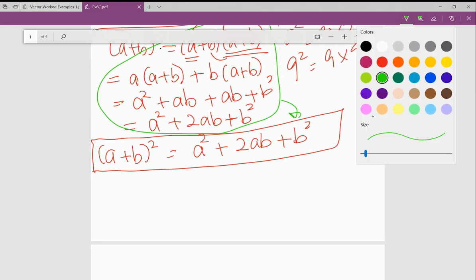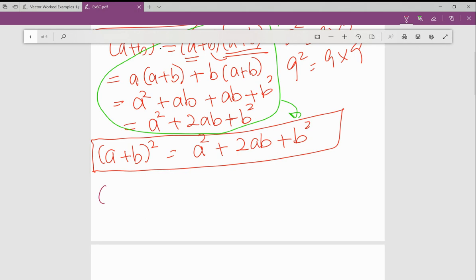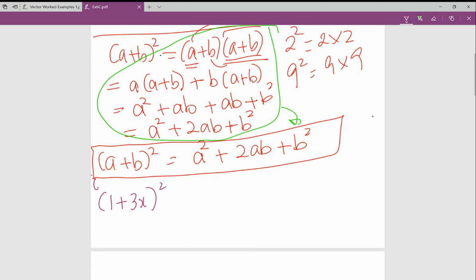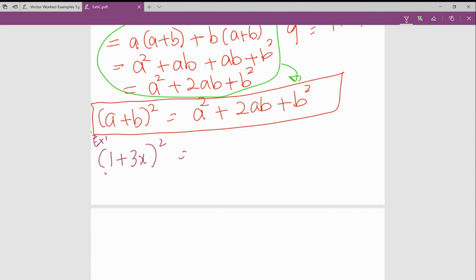Let me just change the color. For example, (1 plus 3x) squared. Example 1. What is this equal to? This is what I will do. This is called a. This is called b.